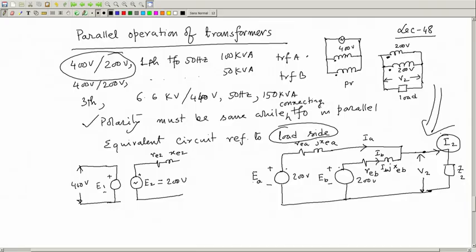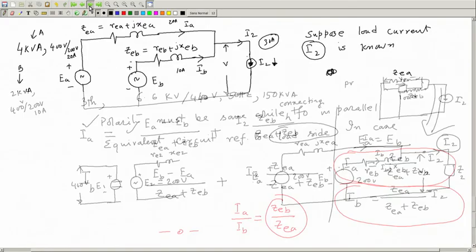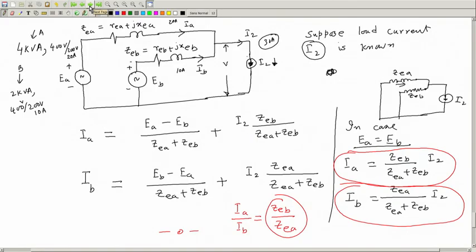In the case of transformers, the current ratings are kVA ratings only, since voltages are maintained almost the same. Therefore, whenever I say current ratings, it means kVA ratings. So we found these expressions that for a given I2, IA will be this much and IB will be this much.